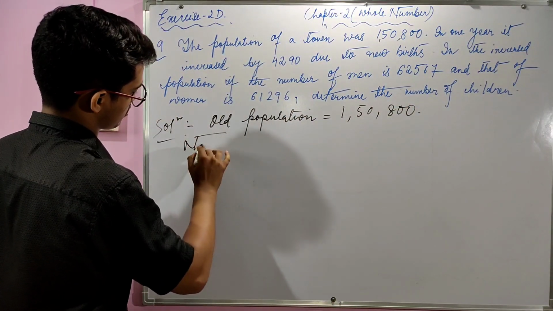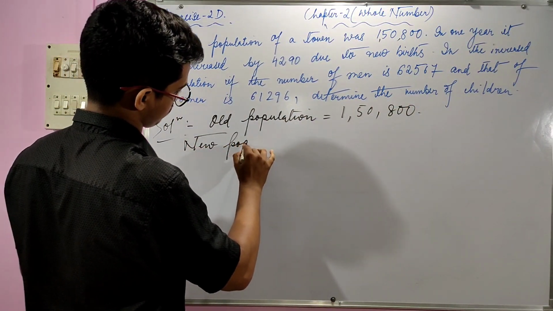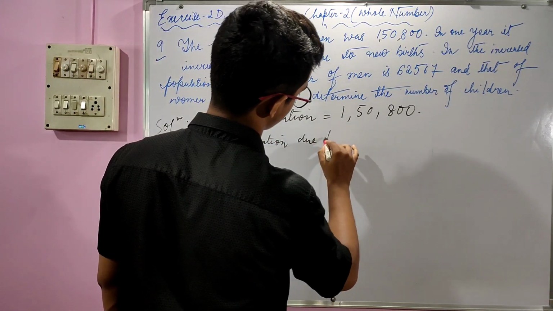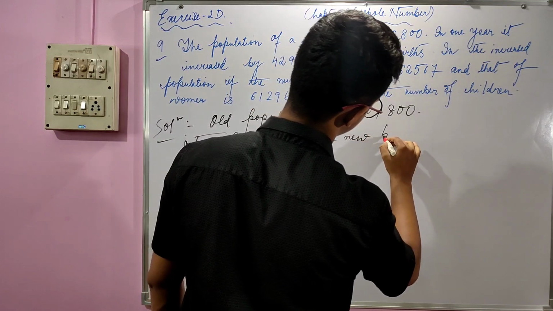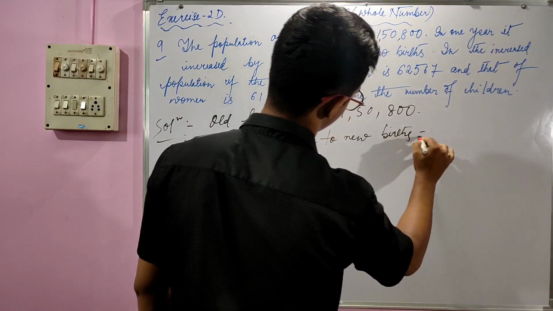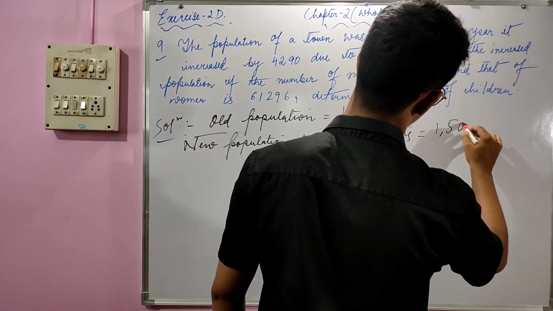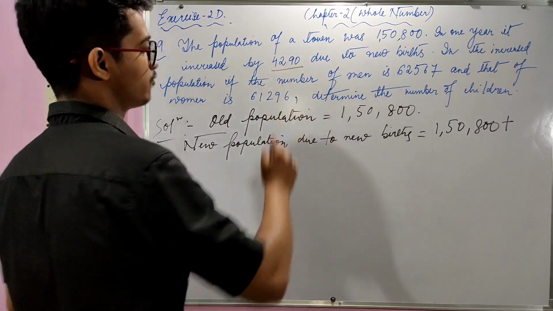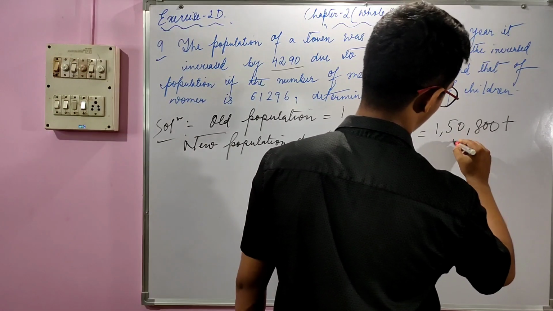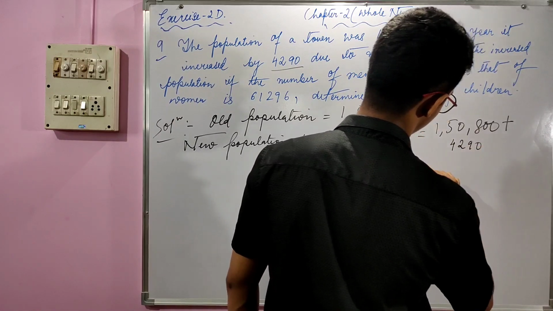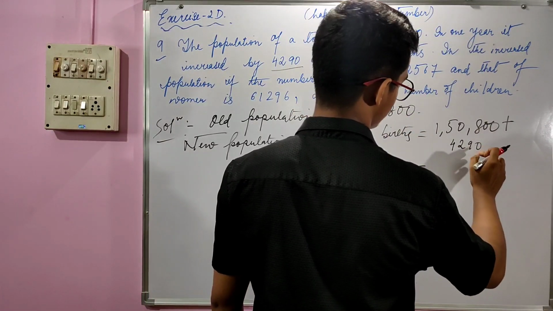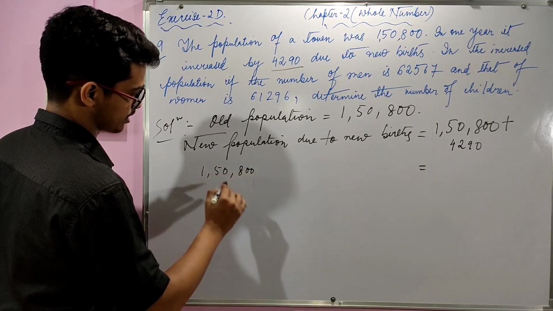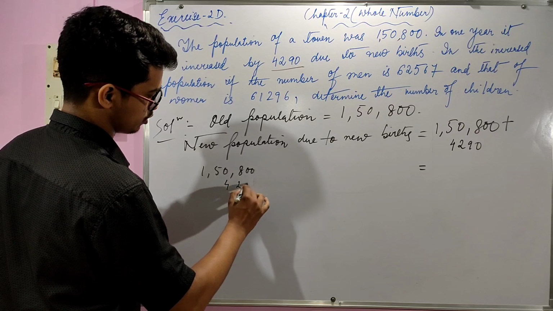New population due to new births is equal to 1,50,800 plus 4,290.